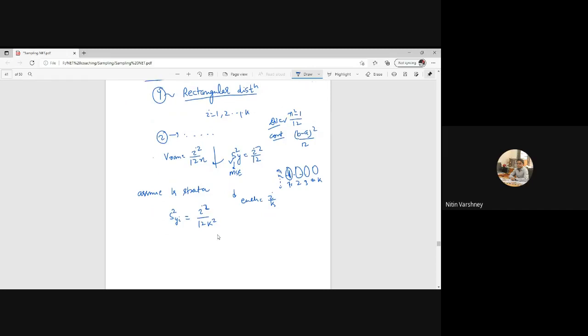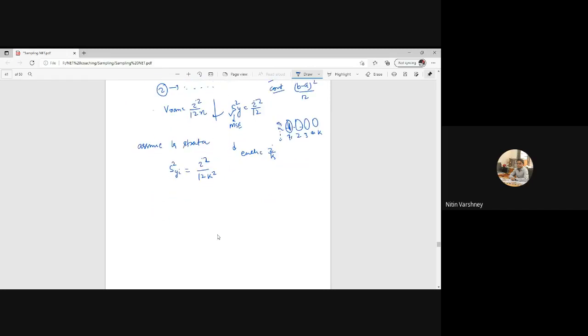Now if we see that for this optimum allocation, the variance of y bar st will be the variance of y bar random sampling upon k square. This is the important part, that they can ask: the variance of y bar st will decrease at the rate of 1 by k square, and what is k?